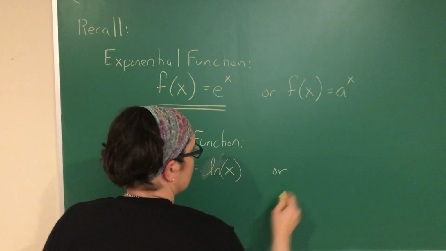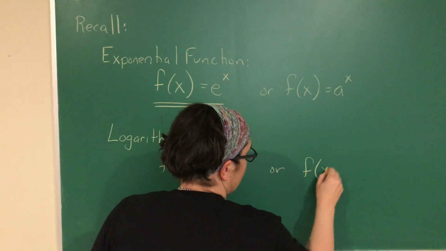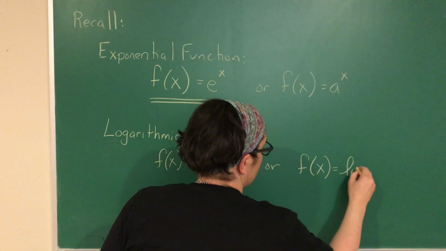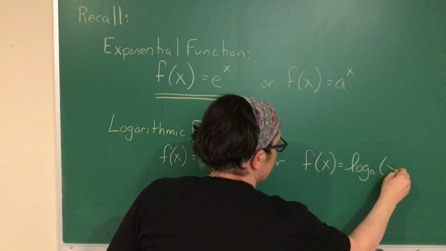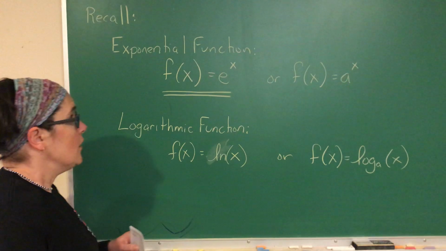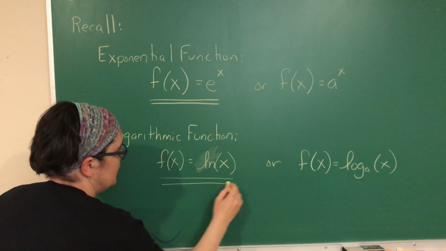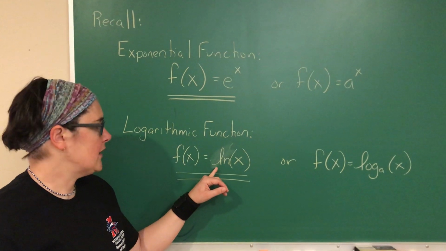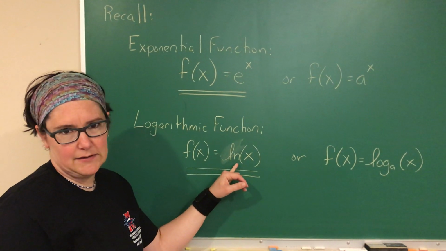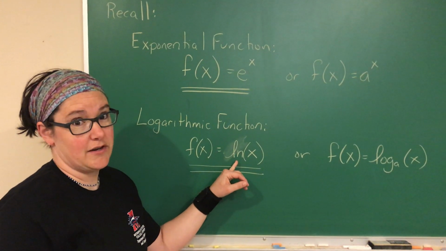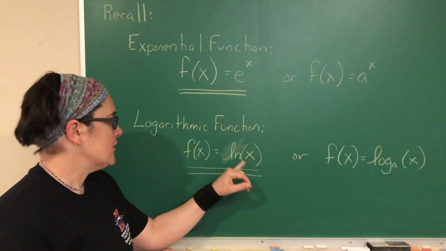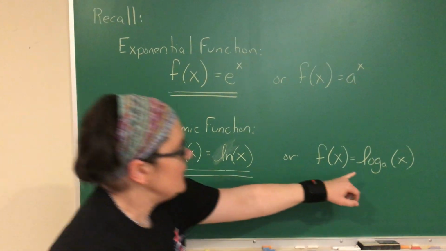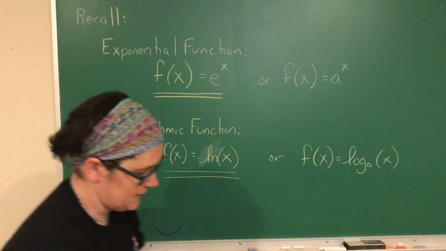Or I might have something like f of x is equal to log base a of x. So the one that we're going to be focusing on is this ln function. You read it as natural log, but it's ln because it's French, I think, which is log naturel or something like that. So this is the natural log of x, and this is a log base a of x.